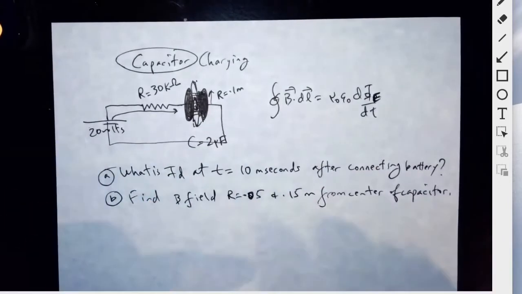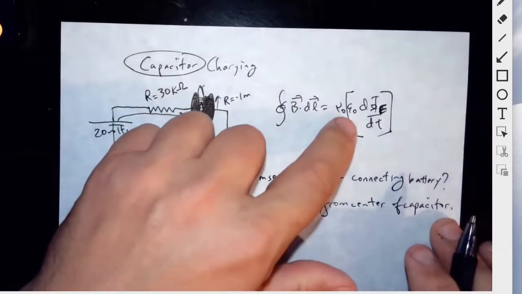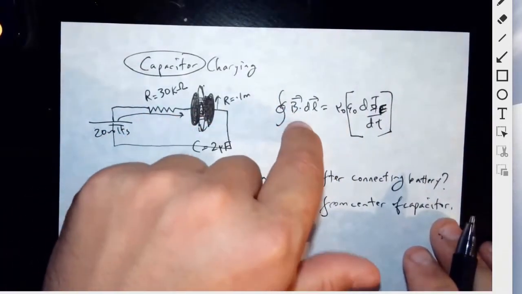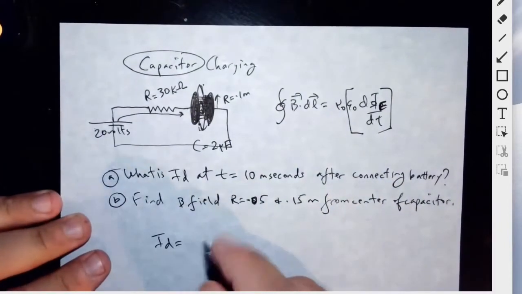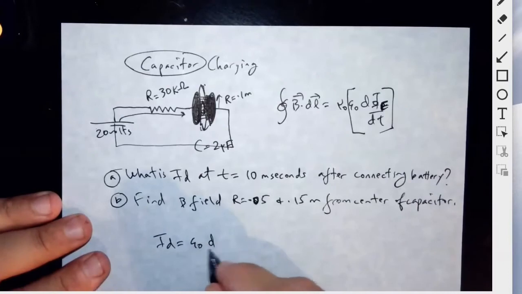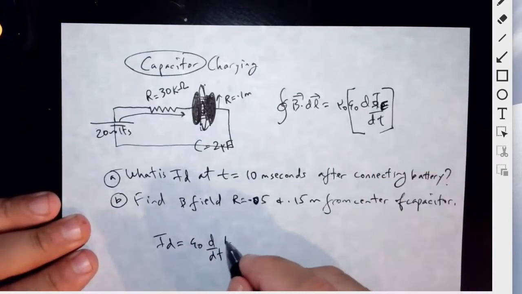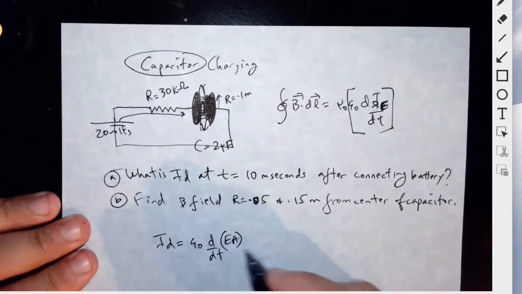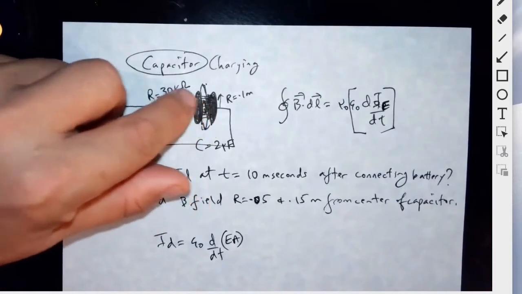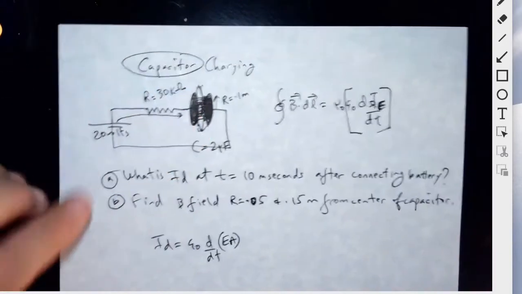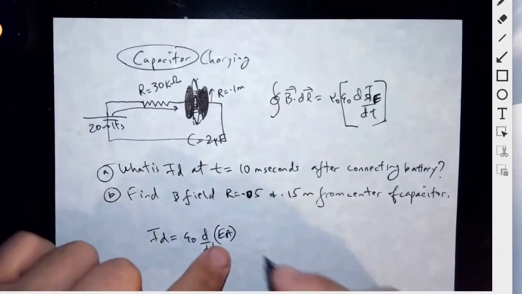So once you find the displacement current, which is this portion, then it's easy to do the magnetic field. The displacement current is going to be epsilon 0 times d by dt of phi E, and phi E is EA, right? Because the electric field is uniform everywhere inside.